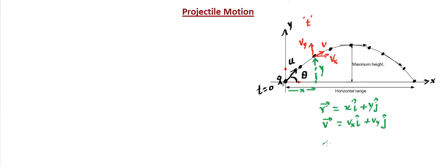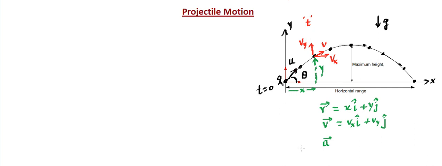So acceleration comes because of force, as we talked about motion under gravity. This is also motion under gravity, because no other force is acting. Once you kick this ball, after kicking it, you will find the ball is subjected to no force other than gravity. So this entire motion takes place under the influence of gravitational acceleration, which is constant and vertically downward. So the acceleration in the horizontal direction is going to be 0, whereas in the vertical direction it is going to be g.